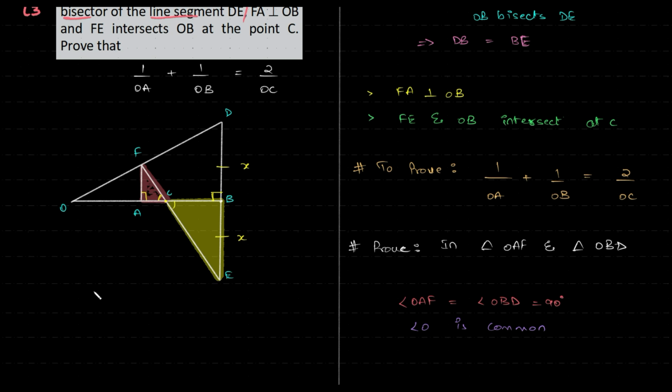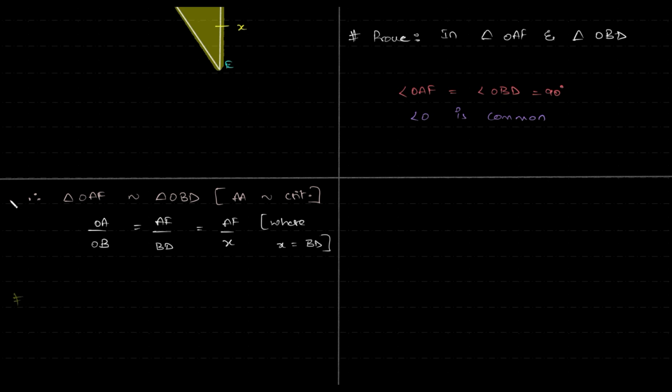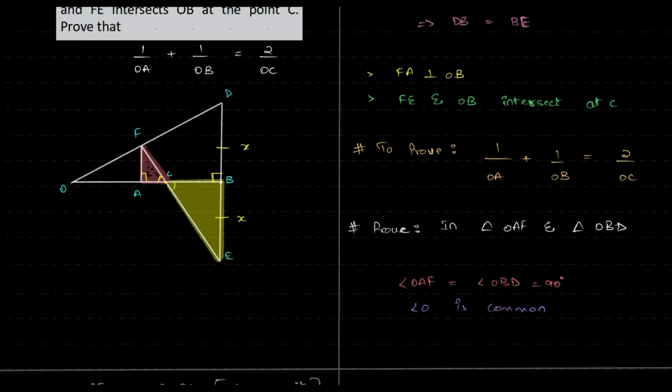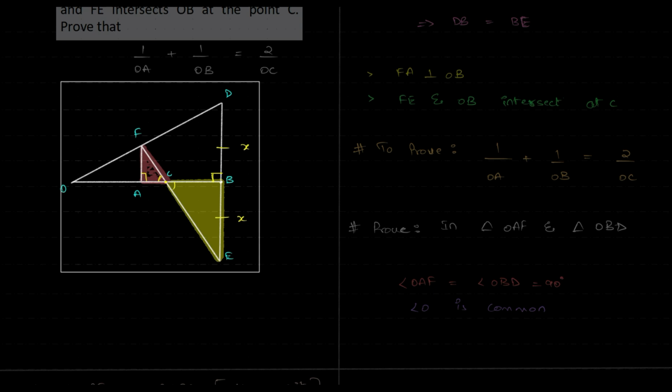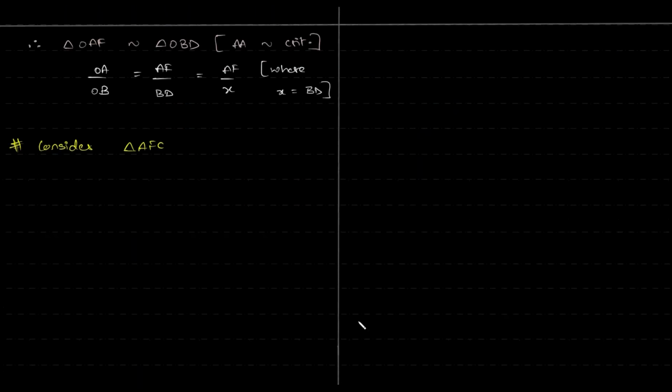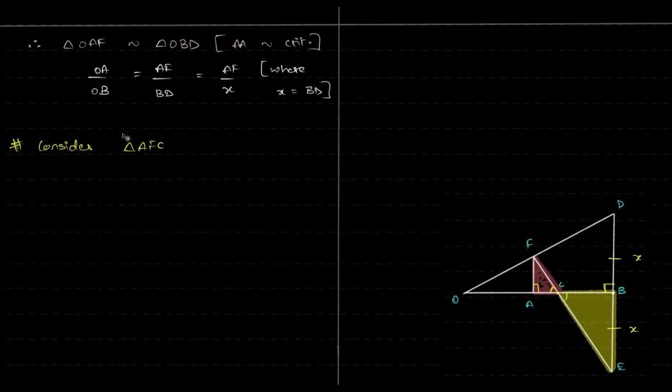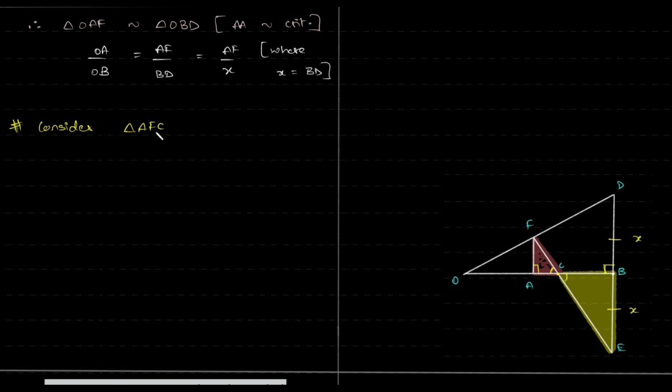Okay guys, so these two are the triangles. So how are they similar? Well, it's in front of you guys. Triangle AFC, let's consider. Triangle AFC and triangle CBE.